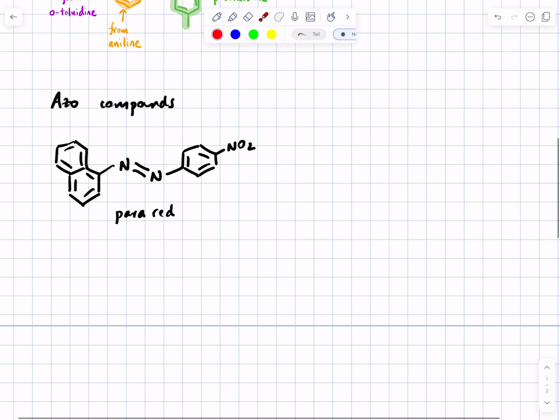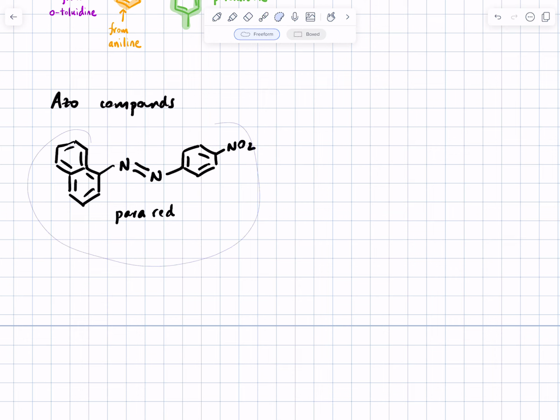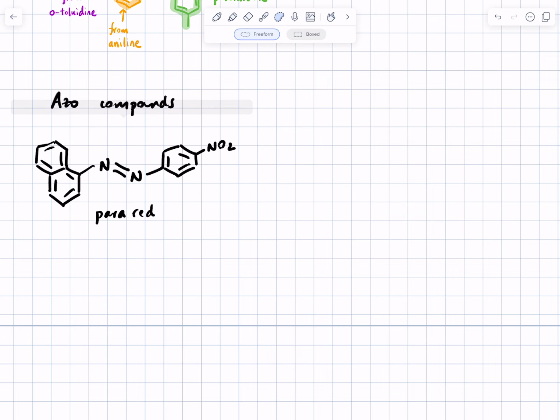And these can get quite interesting, and there was, as I said, a revolution in the chemical industry related to making these dye molecules, and it was motivated in part, at least at first, by a desire to make molecules for the textile industry. So what I'm going to draw for you now is also a red dye, but you're going to see it's way more crazy complicated than para-red.